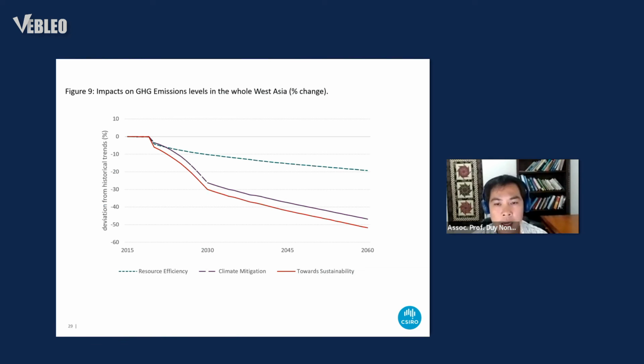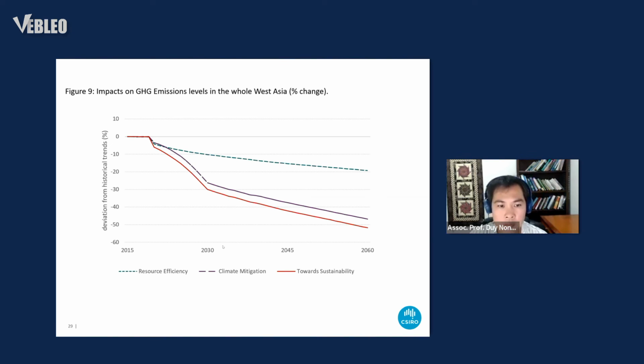And for this slide, you can see the impacts on greenhouse gas emissions for the whole of West Asia in three different scenarios. For resource efficiency, it helps to reduce material extraction or material demand, but it's inefficient at reducing emissions. By 2060, it only reduces emissions by about 20%.